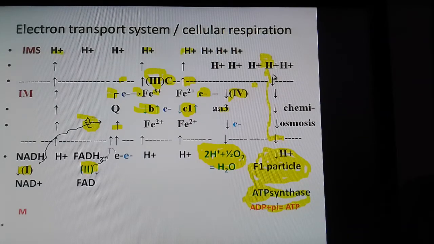On the other side, the proton pumping will be enabling the formation of ATP, which captures the energy that's produced during the movement of protons from the intermembrane space to the matrix region by the process called chemiosmosis.